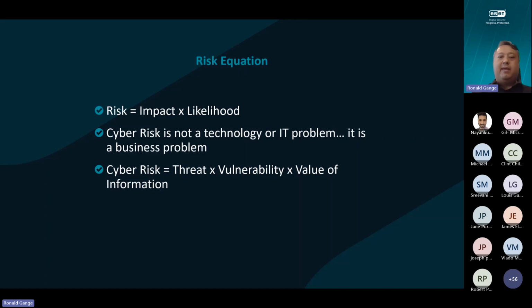So our job to reduce the cyber risk is either to eliminate or reduce threats, patch up vulnerabilities, or put initiatives in place to protect more valuable information and systems. So to be able to prioritize the more valuable systems.